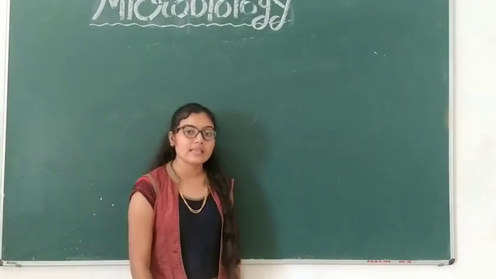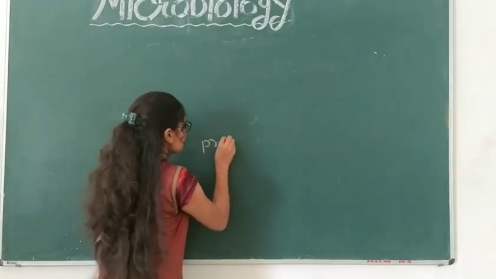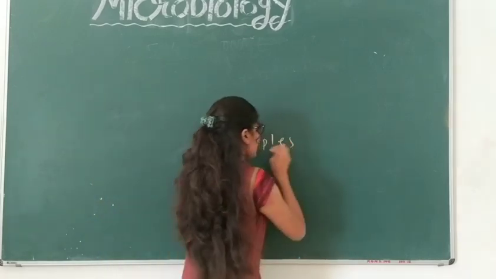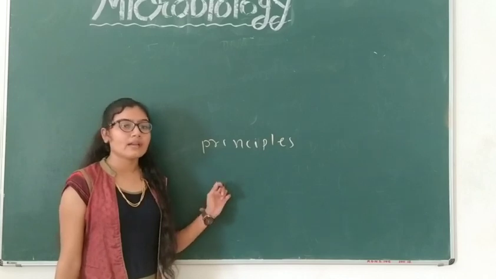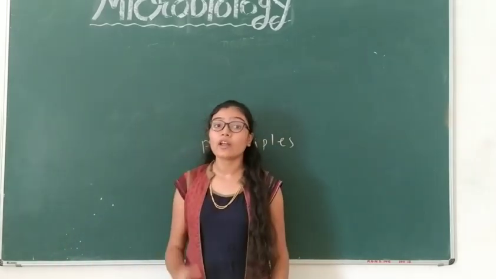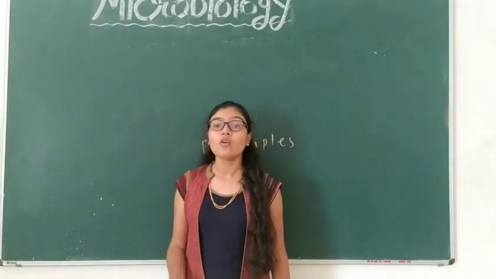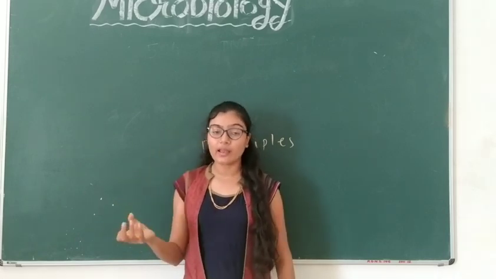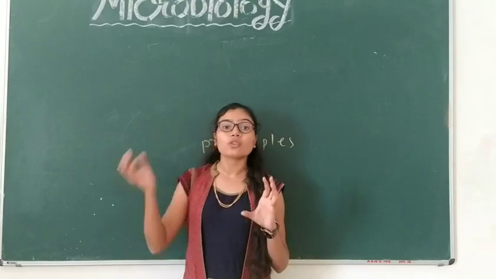Now we will see the principle of gene cloning. The main principle of gene cloning is that first we require our desired gene. So we take the DNA, the desired gene fragment of the DNA, and it will be inserted into the vector.